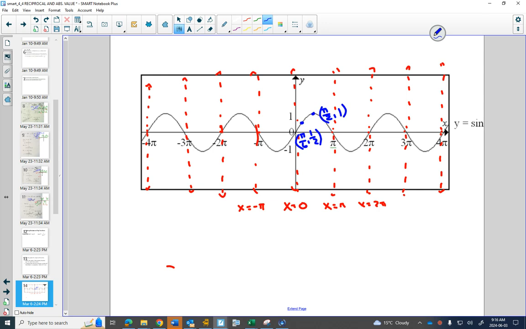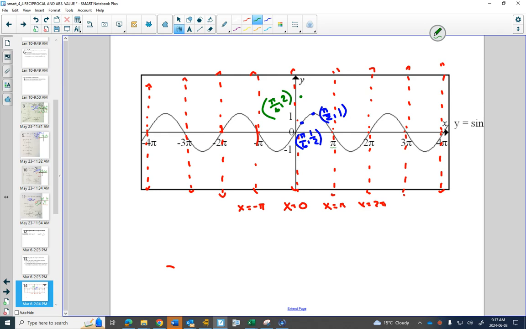What's going to happen on the reciprocal graph? Because sine of pi over 6 is a half, right? Oh yes, you do need to know your unit circle for the exam. They'll give you a little one at the beginning that you can fill in. So since I know that sine of pi over 6 is a half, what's the reciprocal going to be? 2 over 1, or 1 over 1 half, which just becomes 2.